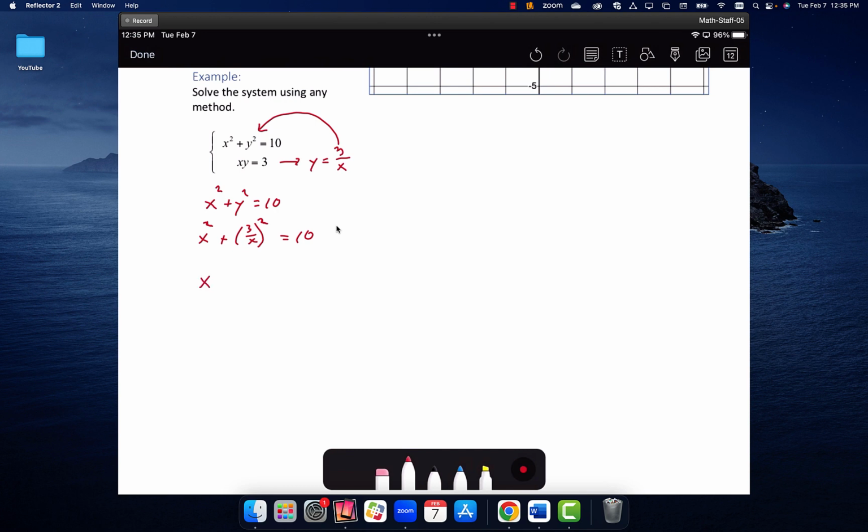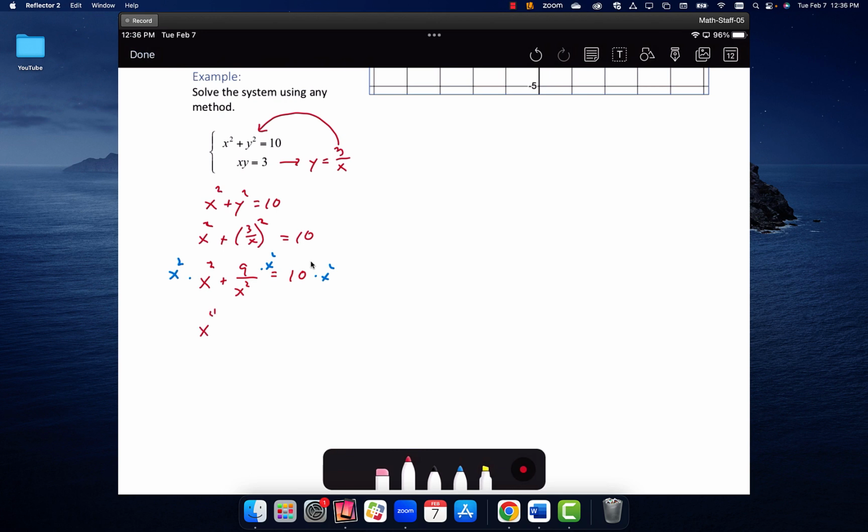Here we have x squared plus 3 squared is 9. X times x is x squared. That's equal to 10. And notice we have a fraction here. We want to eliminate that fraction, so we're going to multiply every term by the LCD, which is x squared. Get rid of that fraction.